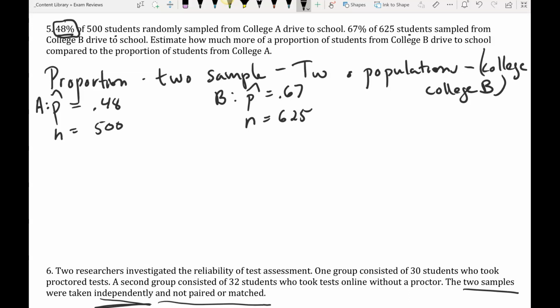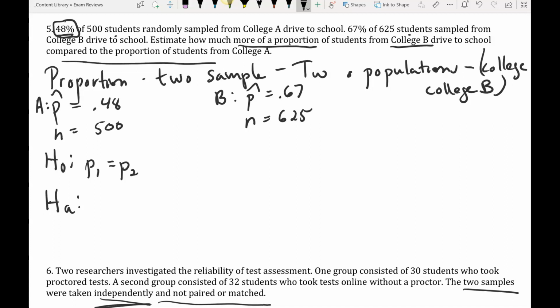In order to draw this interval and talk about the test, I'm going to ask myself whether there is a difference between the 2 proportions. So my H naught, my null hypothesis, is that P1 equals P2, or the proportion A is equal to proportion B. Then for my HA, I'm looking at how much more of a proportion of students from college B drive to school compared to students from college A. So P1 is going to be less than P2, because P2 is my group B and they're the bigger group.